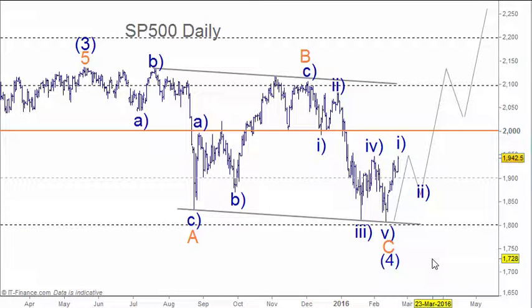There is just one point that we need to keep on the table, and that is this wave 4 here not being completed.